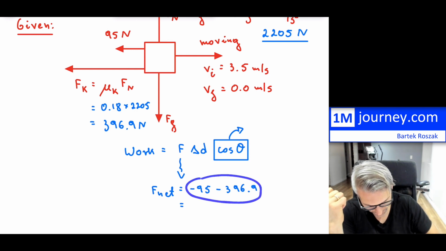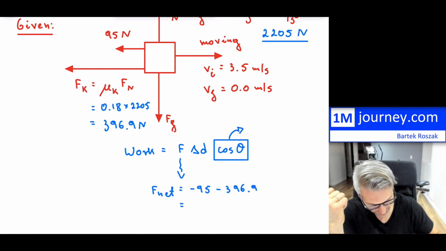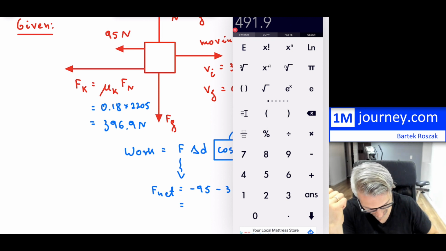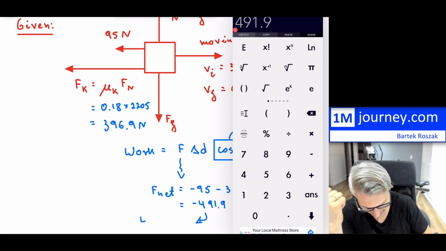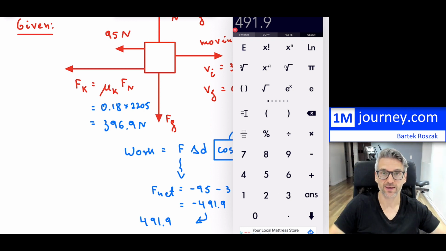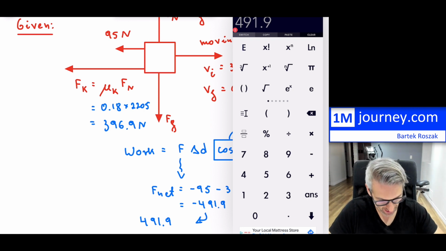If I did this, I have this and then 95, so they're in the same direction. So that's going to give me negative 491.9. The magnitude of that is obviously positive 491.9, because it removes the actual sign if I'm talking about the magnitude.